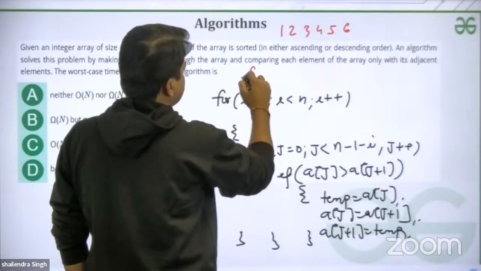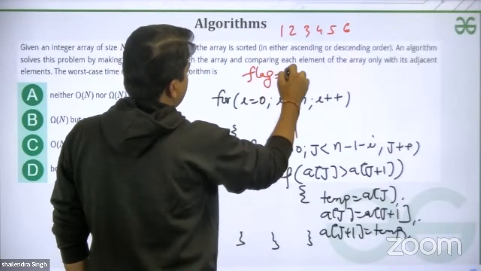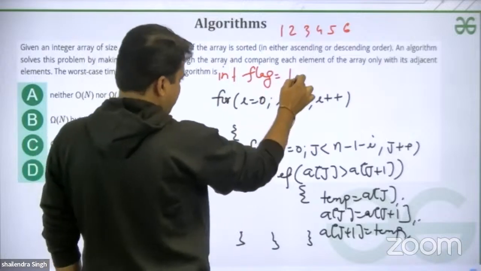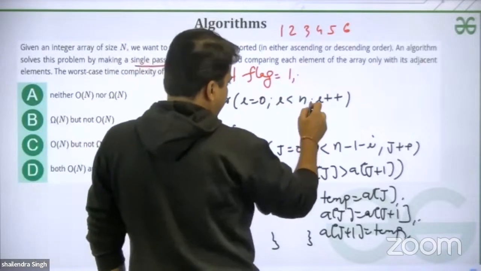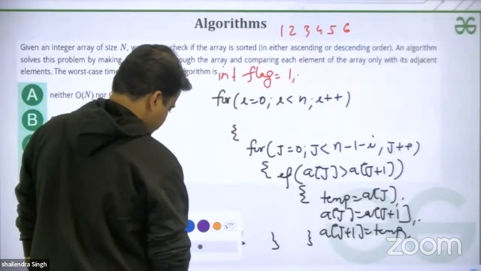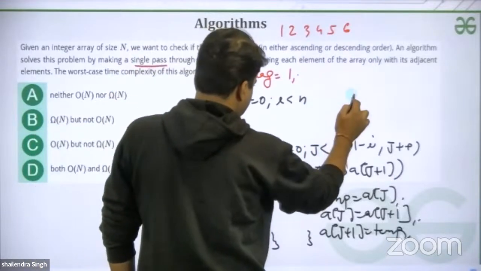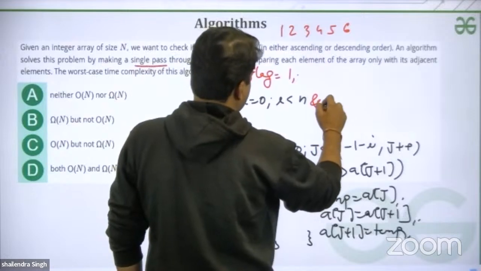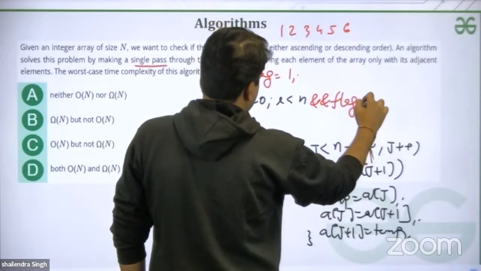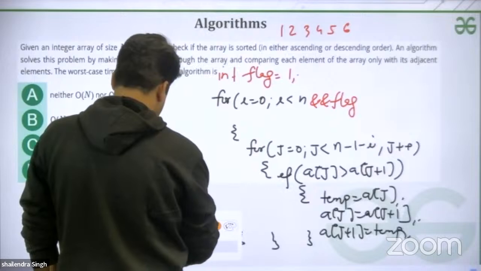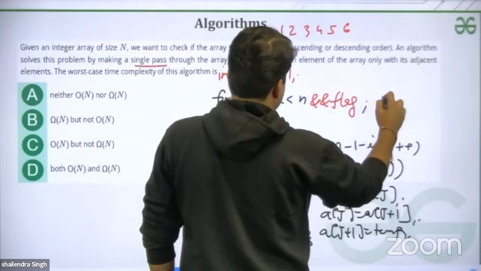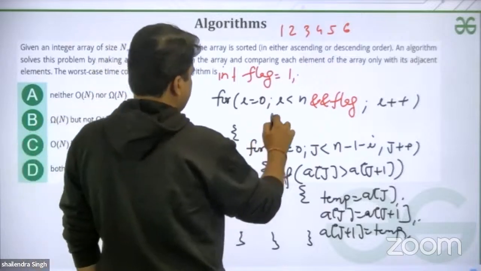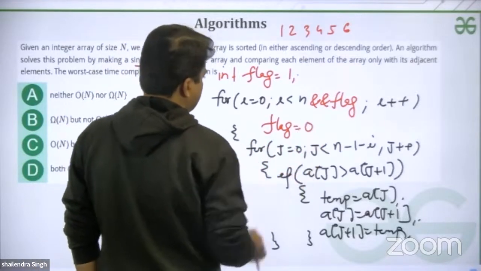in this algorithm we want some little modification. Let flag be an integer variable, and I am modifying this code a little bit. See, and now flag equals to 0.